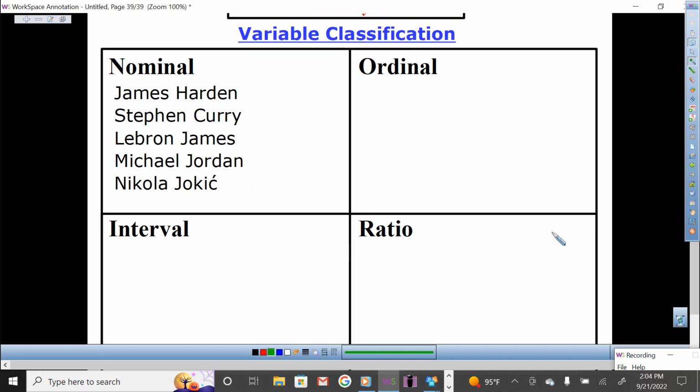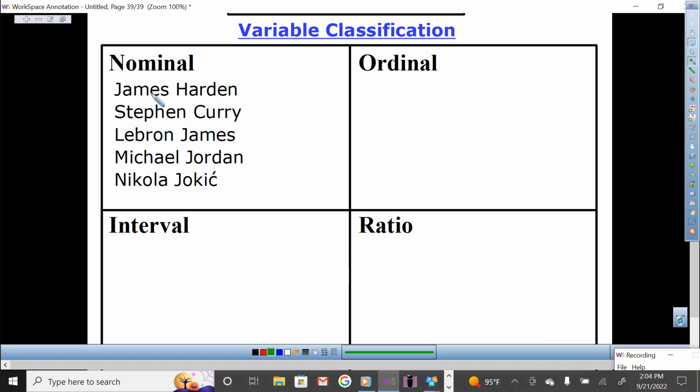So, before I continue, look at those names and talk over with your neighbor. Let them know how they are classified here for the nominal. Does it have any shape or reason? Does it have anything in particular? Talk to your neighbor, please. And by the way, all these are NBA players. Talk to your neighbor.